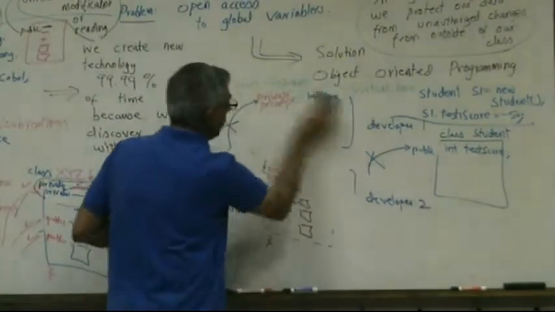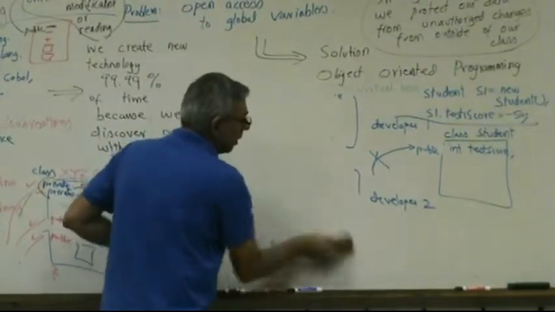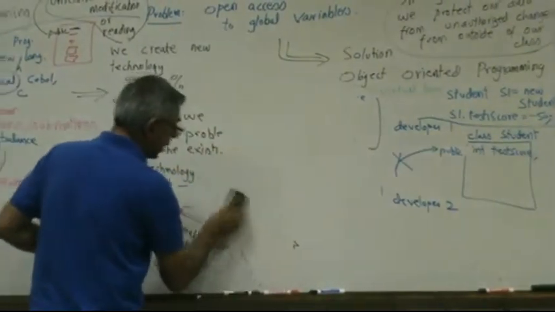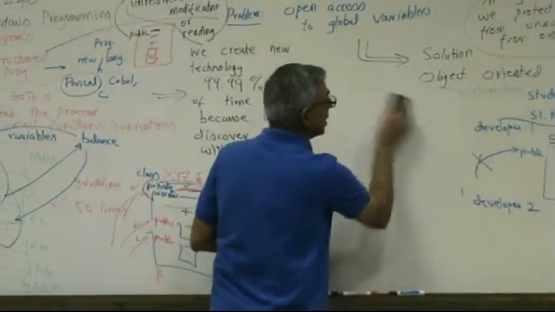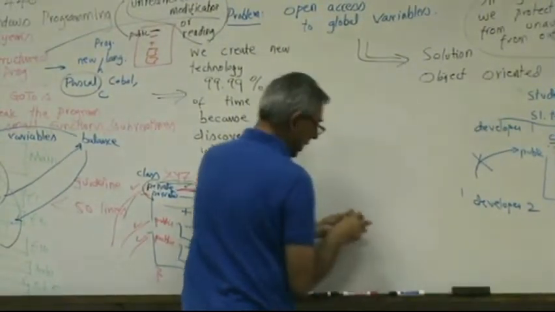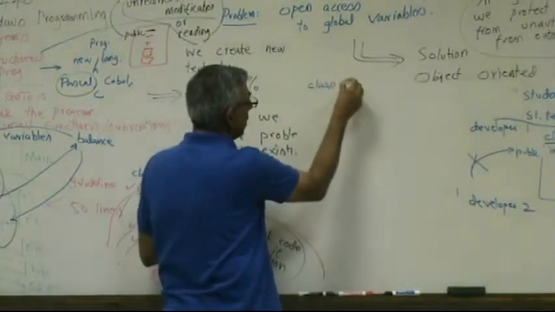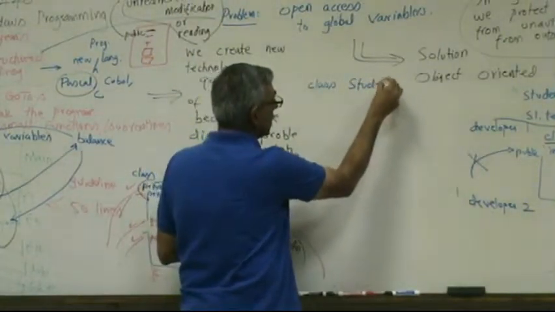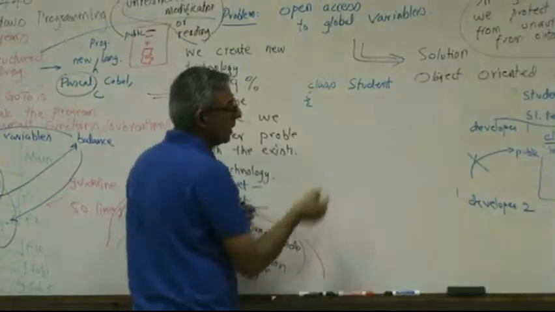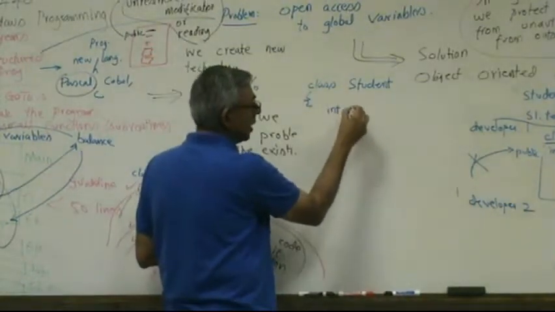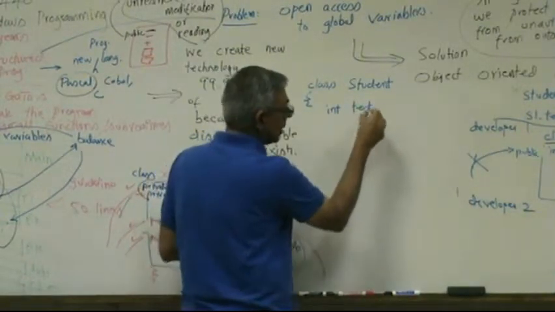So the proper way to write this will be something like this. We will create a class called student, and I'll write it in more C# style. Then we will say int test score.